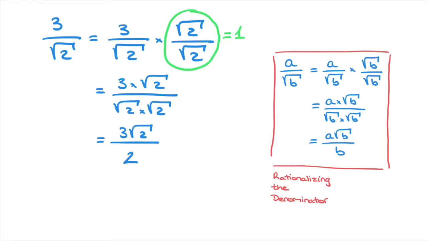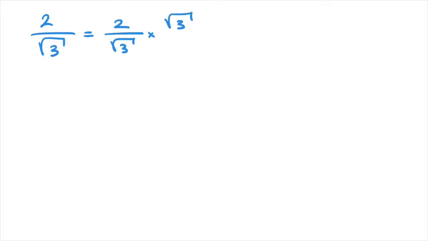Let's look at another example. Let's say we're given 2 over the square root of 3. Once more, we can see that we have a square root here on the denominator. We have the square root of 3, so we need to get rid of that. And so using the trick we've just learned, we can go ahead and state that this equals 2 over the square root of 3 times the square root of 3 over the square root of 3.